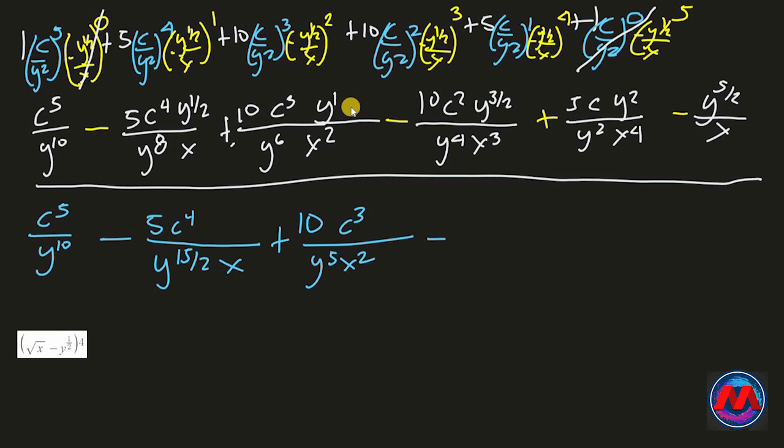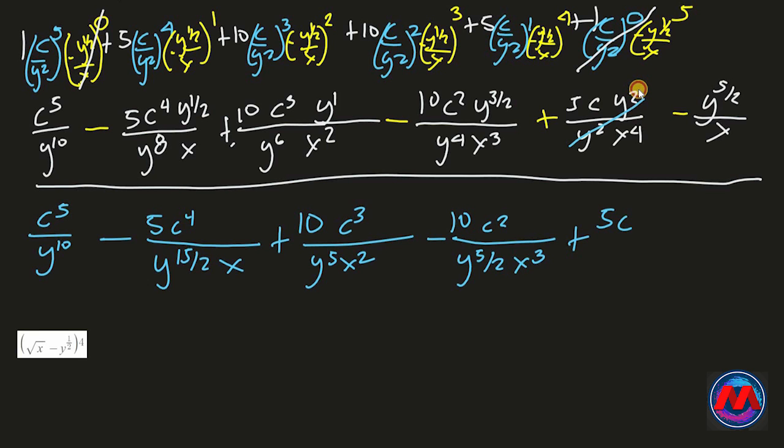That's minus 10c squared. 4 minus 3 over 2 equal to y. 4 minus 3 over 2 would be equal to 5 over 2x cubed plus 5c. 2 minus 2 is equal to 0, and any number raised to 0 is equal to 1.